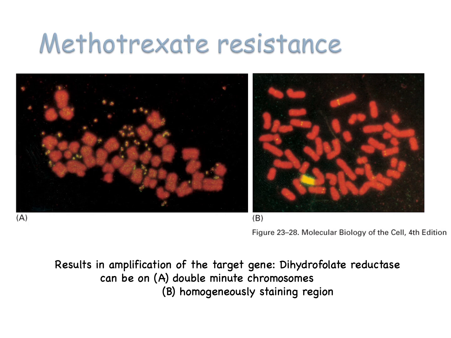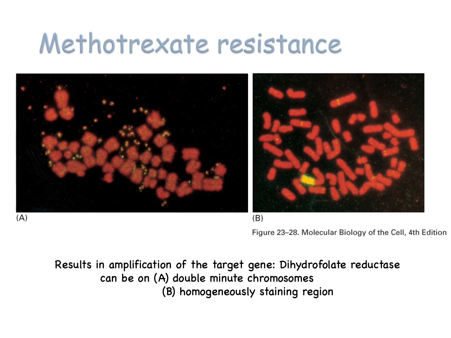Now on the right, we see some cells take that extra DNA and incorporate it into a chromosome, and that's a big yellow stripe or band in the chromosome towards the bottom of the figure, which has sometimes been called a homogeneously staining region, because it doesn't show the banding patterns that chromosomes show when they're stained with chemicals like Giemsa stain.